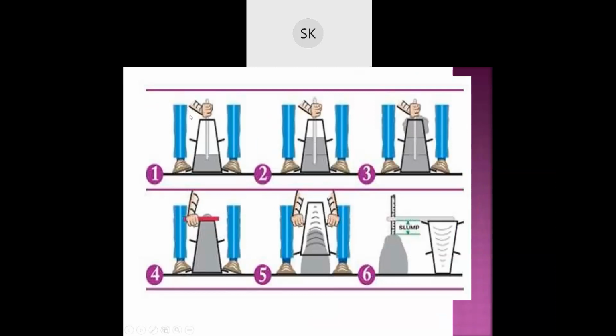So this is the process: one layer 25 tamping, second layer 25 tamping, third layer 25 tamping. In this step they have removed the excess concrete and pulled out the slump cone.